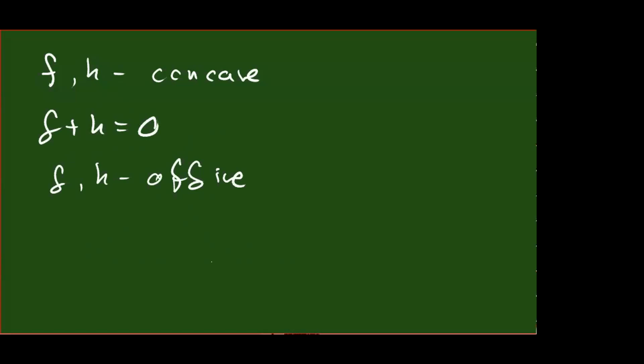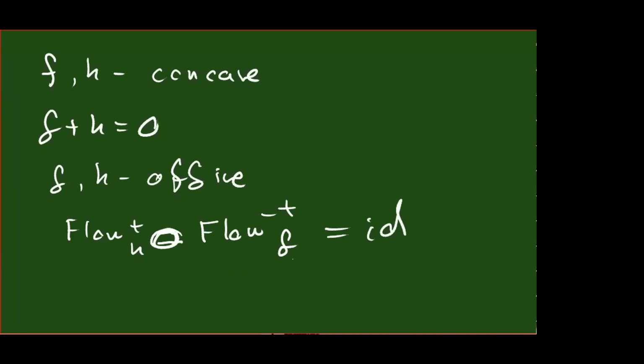So if I restrict this function to any geodesic, I get a linear function. Okay, so in particular, I can apply the flow for time t with respect to h, and it's really easy to prove once everything is done. If you apply the definition, that's the same as the flow for time minus t of f, composed, it's the identity.